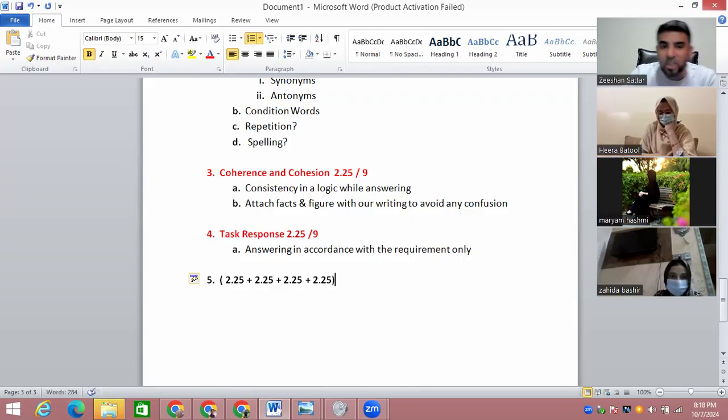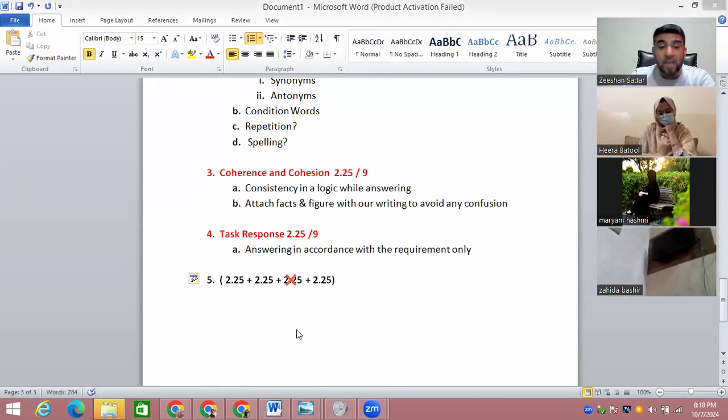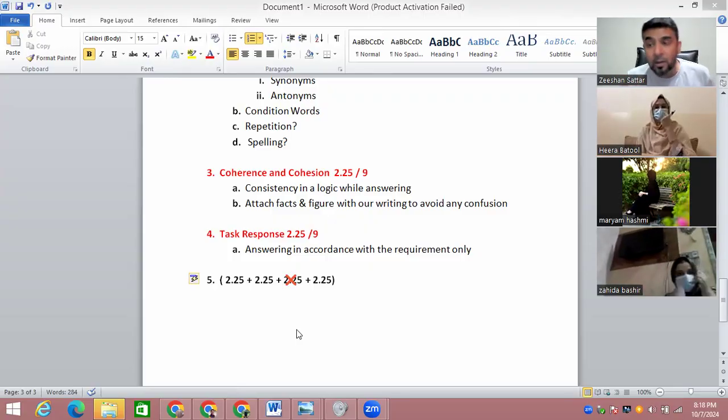So now I will be judged out of 9. But if I compromise on any one of them, for example, if I say that coherence is not that important for me, that means I'm going to compromise on 2.25 points. And I will not be evaluated out of 9, I will be evaluated out of 6.75.